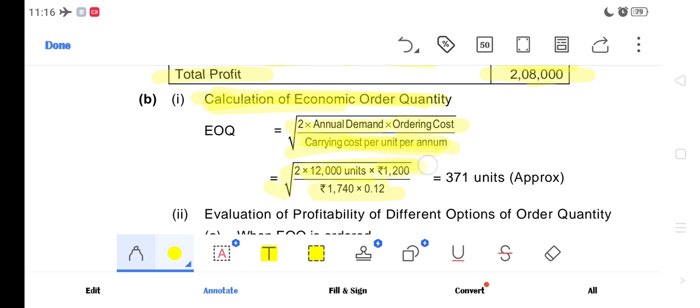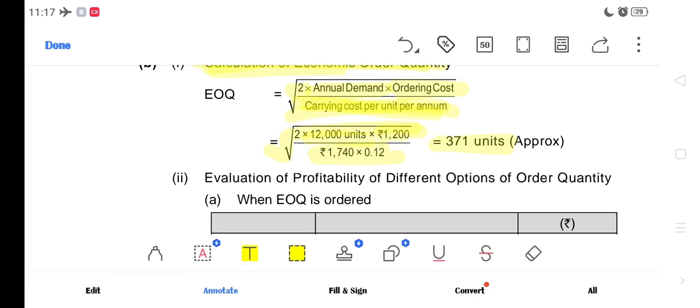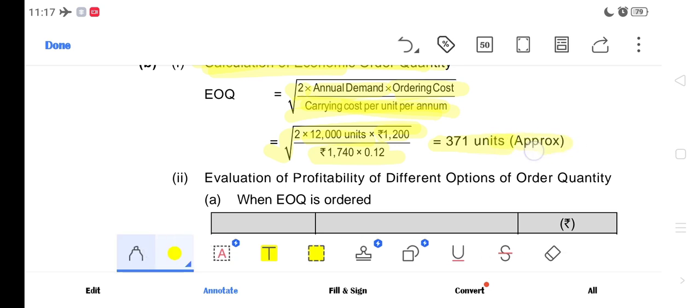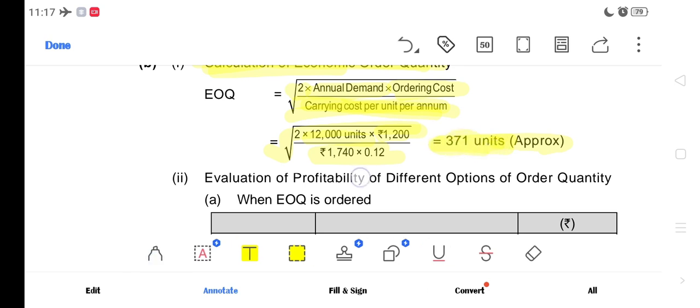So if you apply this root over, then we get 371 units approximately. So why approximately? Because units can't be in decimals, right? So approximately to the nearest numerical value they have given. So approximately it is 371 units, right?